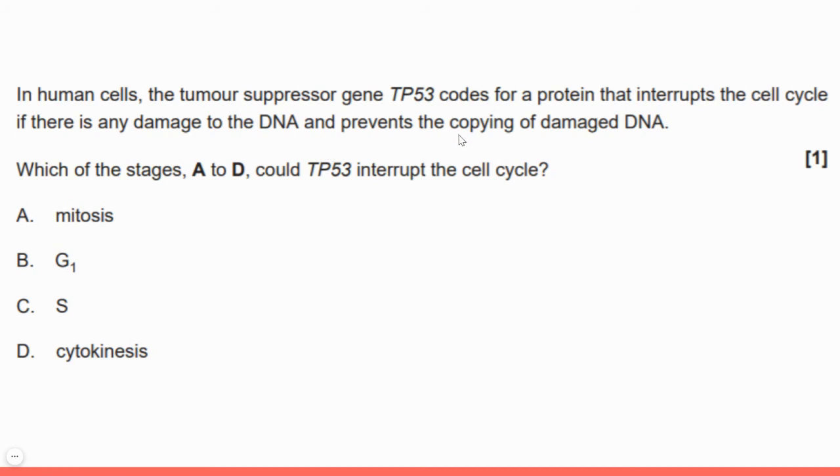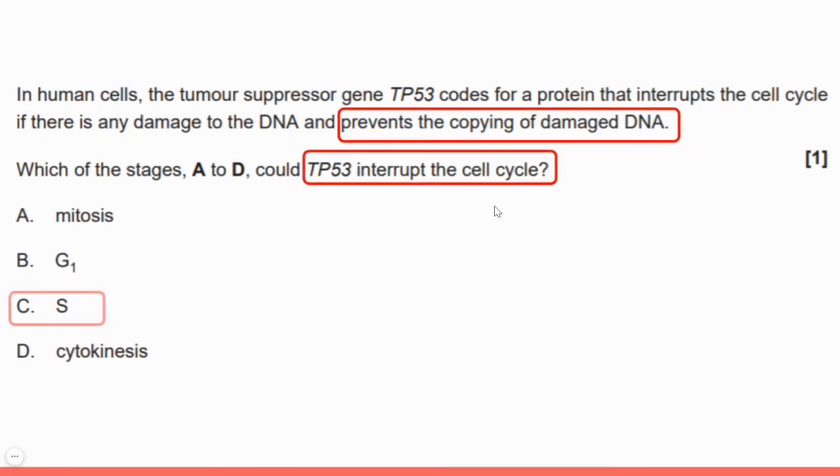So the first thing that should occur in your mind is, when in the cell cycle is the DNA getting copied or duplicated? That is S phase. So which stage will be interrupted by TP53? It is S phase. Yes. So here are the few things in the question that you need to focus more on before finalizing your answer.